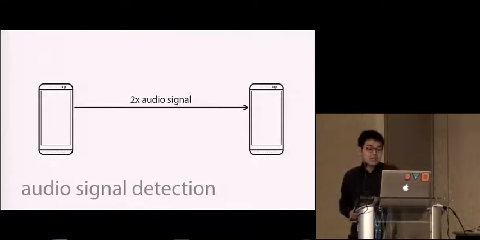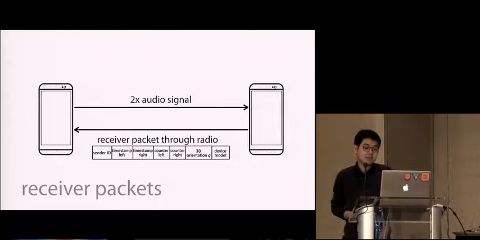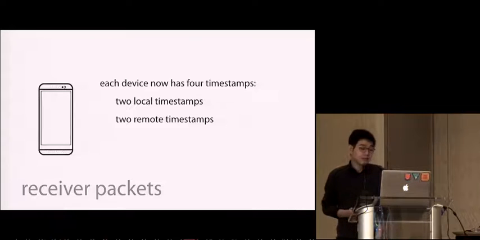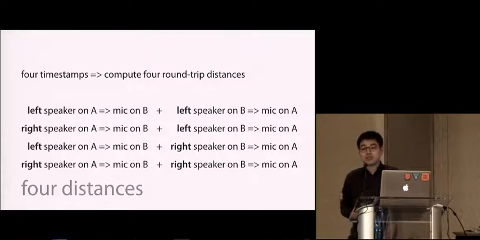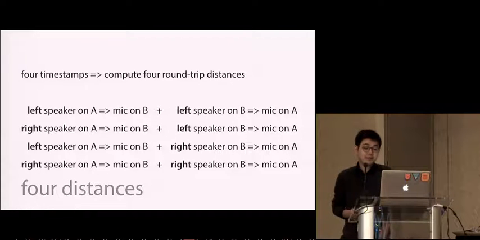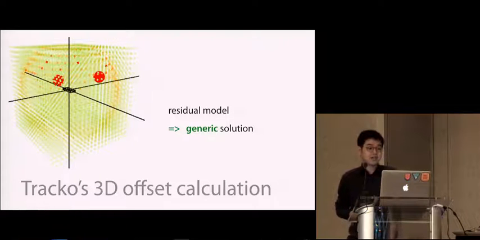So we have 2 timestamps from the local device's audio processing, and we also have 2 timestamps from the radio when the remote device acknowledges the signal reception. Each device will have 4 timestamps for each signal. Since each device has 2 speakers, 2 by 2, we have 4 round-trip distances. Based on these 4 distances, Tracko uses a residual model to calculate the 3D offset.